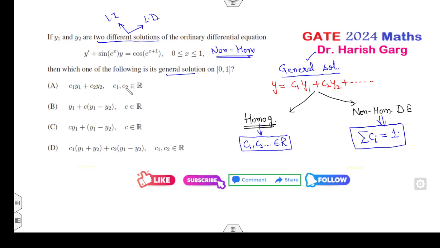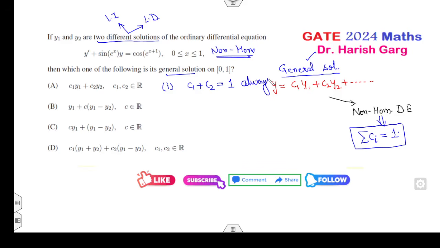Now, did they ask what the value of y1 will be? No. So your shortcut trick is: the sum of the coefficients must be 1. In the first option, the sum of the coefficients is c1 plus c2. Is it 1 always? No, because I can choose any numbers c1 and c2. I can choose c1 as 4, c2 as 7, so the first option is cancelled.